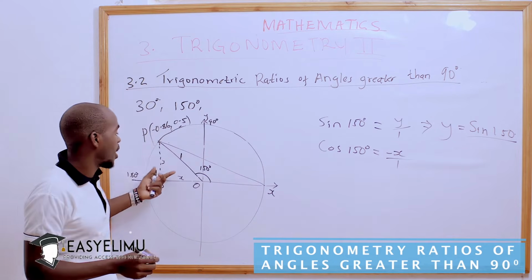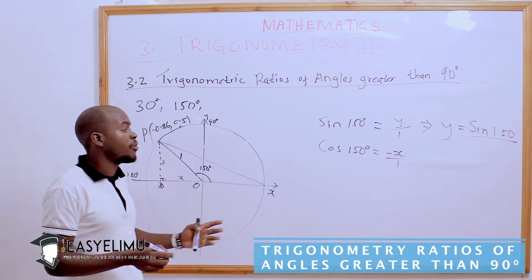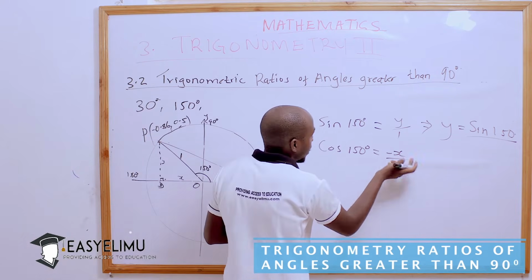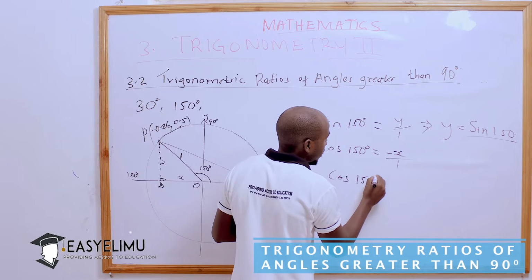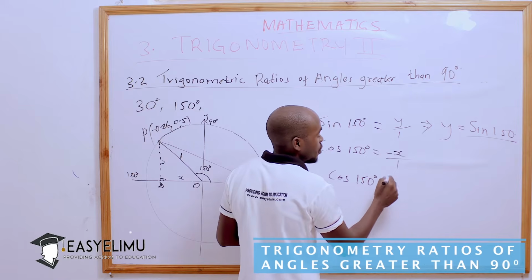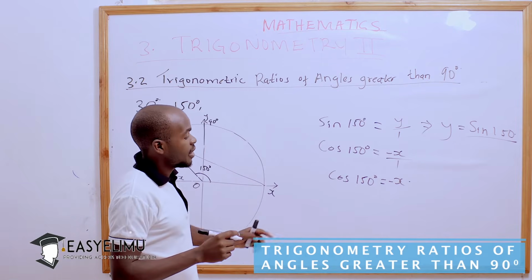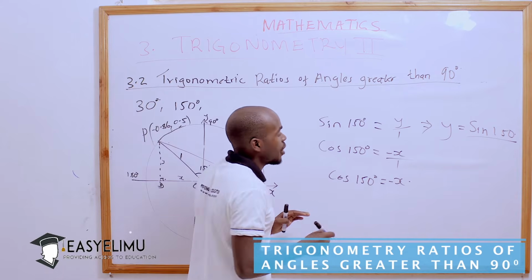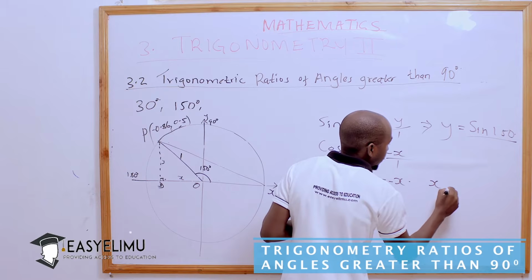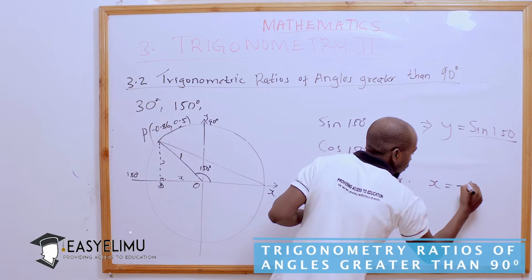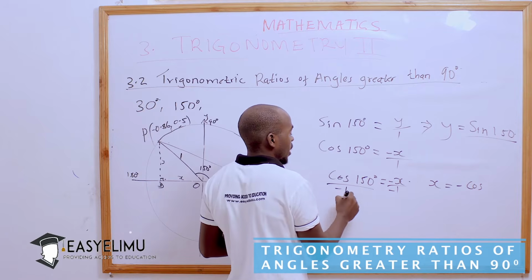That's what we are finding according to this triangle. So cos 150 degrees is equal to negative x, and if we divide both sides by negative 1, we shall have x as the negative of the cosine.